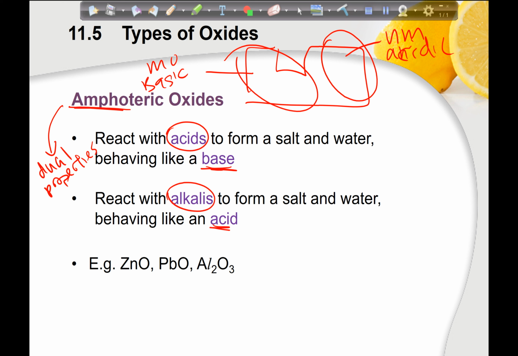So far we have only identified zinc, aluminium and lead. In short, it's known as ZAP: zinc, aluminium and lead oxide. These are the only three amphoteric oxides that we have learned so far, and they can react with both acid and alkali.